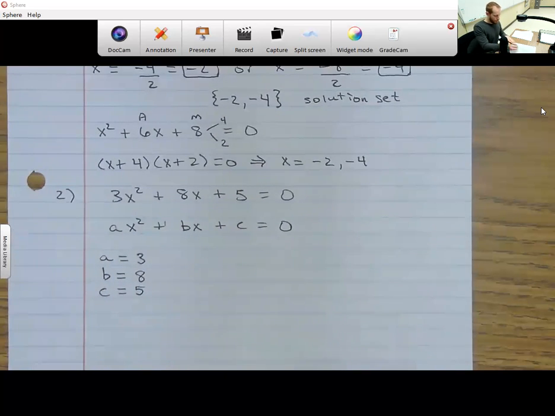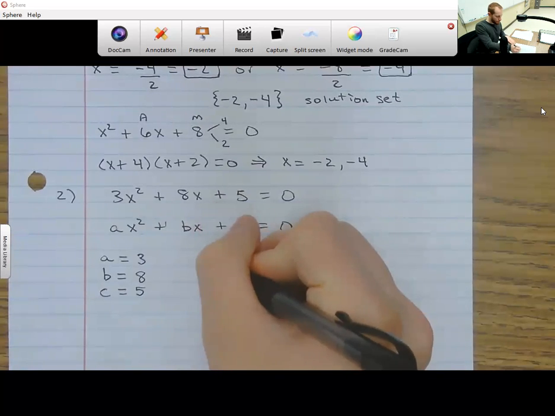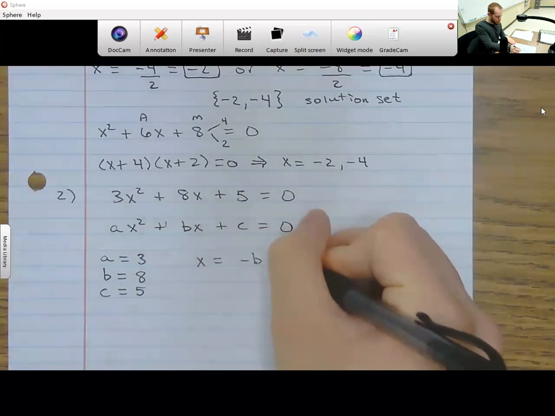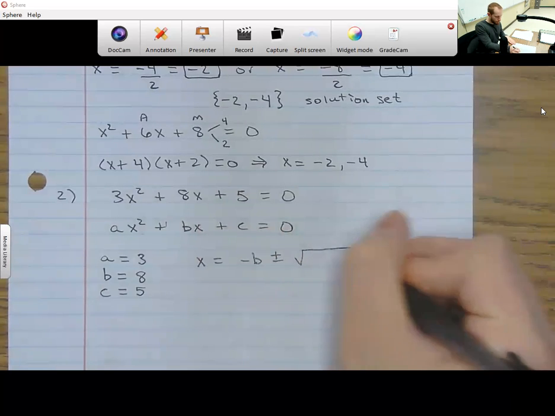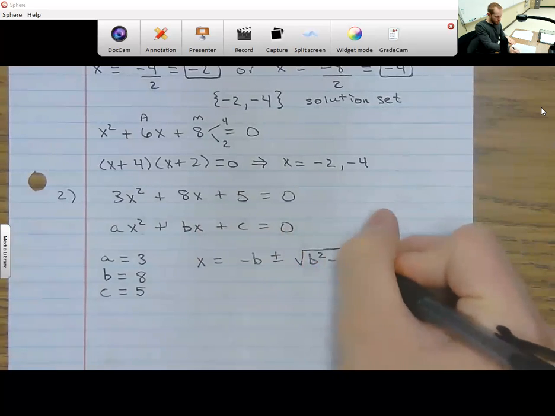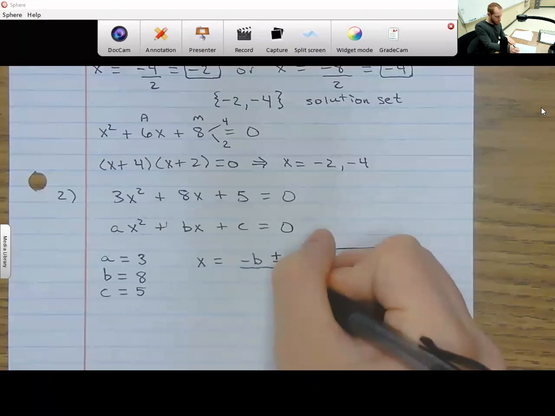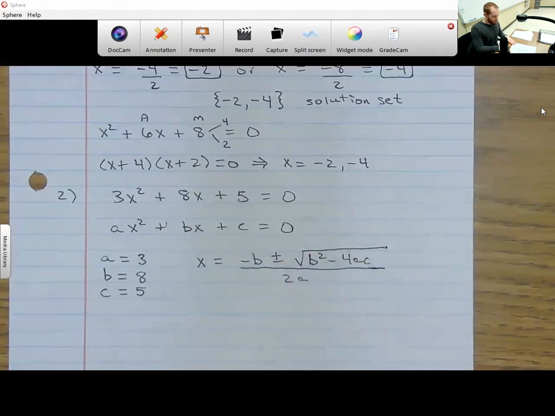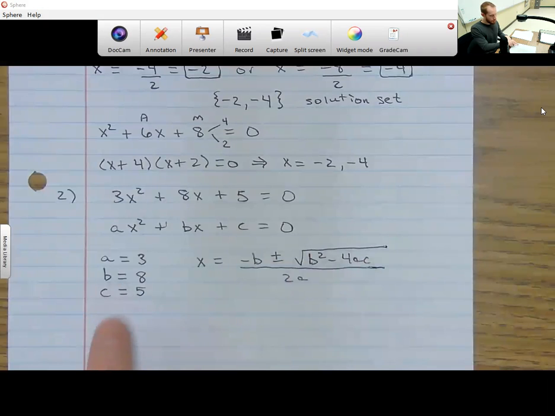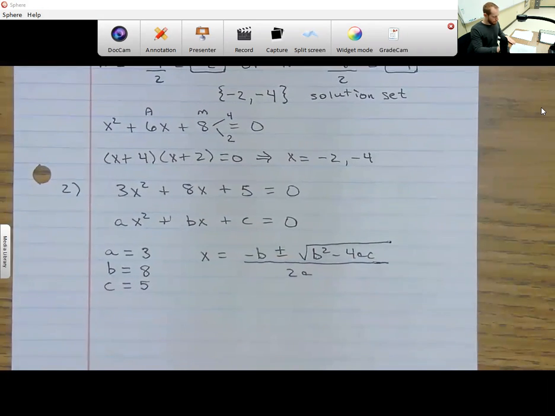So now we know that the quadratic formula was negative b plus or minus the square root of b squared minus 4ac. Everything is divided by 2a. So we're going to take all three of these numbers and we're going to put them where they should be inside the formula. Okay?